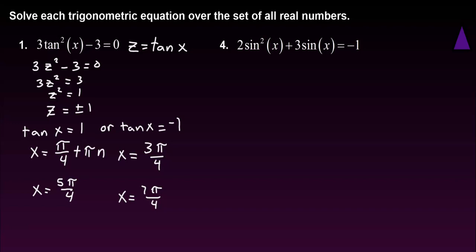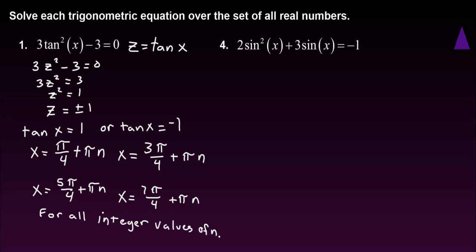So we're going to add pi n to each of these, where n is for all integer values. So we're just looking for all the periods, right? It can be anything within the unit circle, and then beyond the unit circle, multiple rotations following the period.